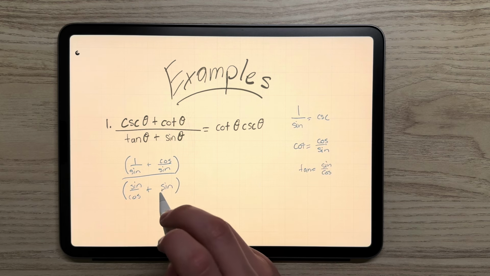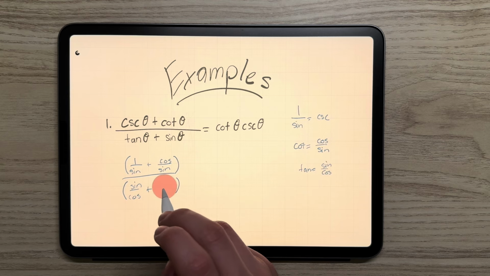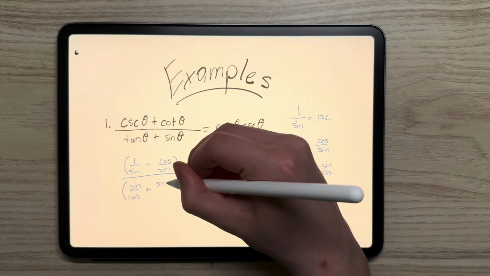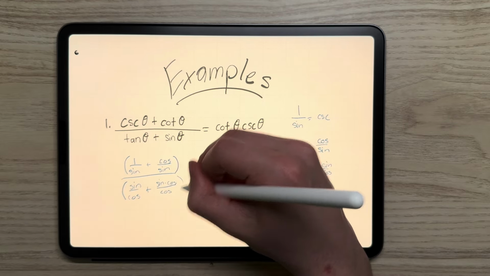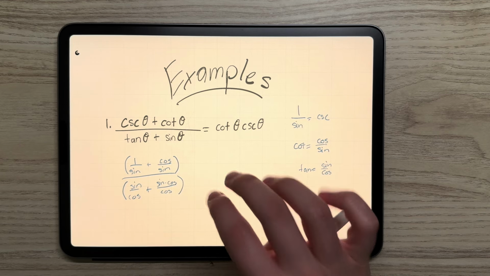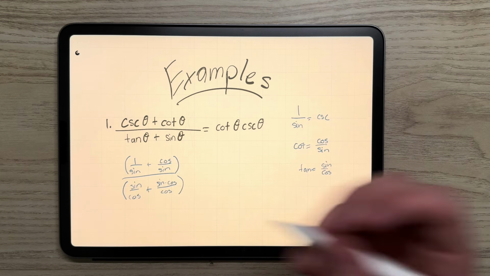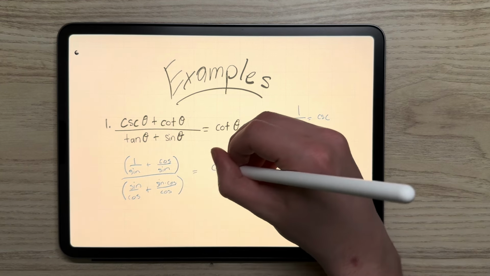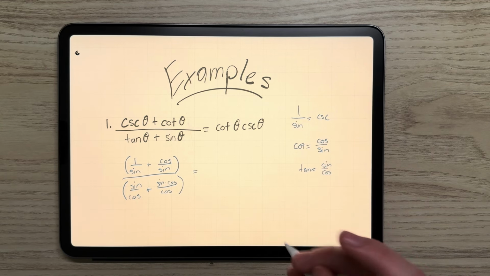So we can get both of these to have a common denominator. So now we're going to switch sine to be sine over cosine times cosine, because these would cancel and we're left with sine. We haven't done anything to this, we've just multiplied by cosine over cosine, which is 1. And so it's still equal to that.